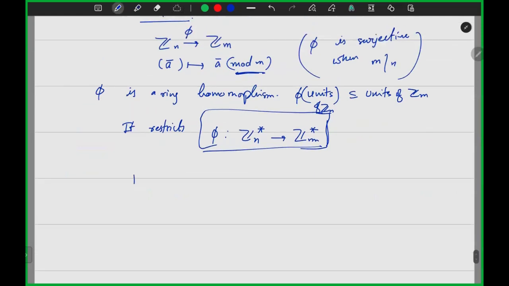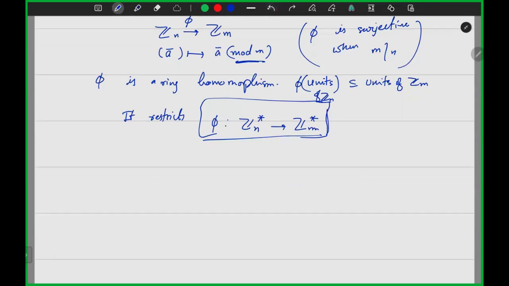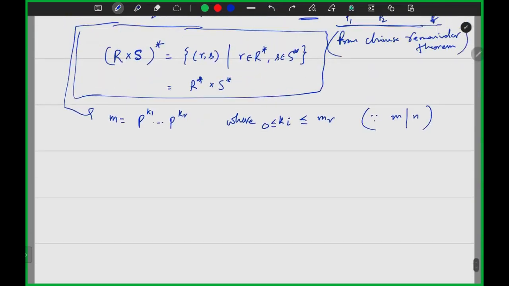If x belongs to Z_m star, then x bar here, x with m has gcd 1, but that doesn't mean that... Yes, for primes we can say that.